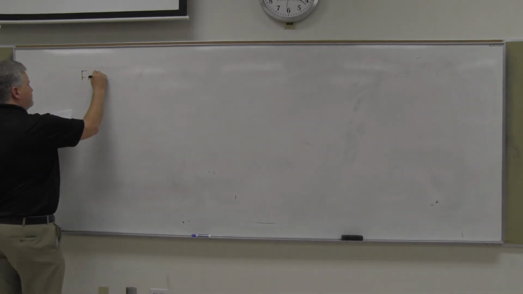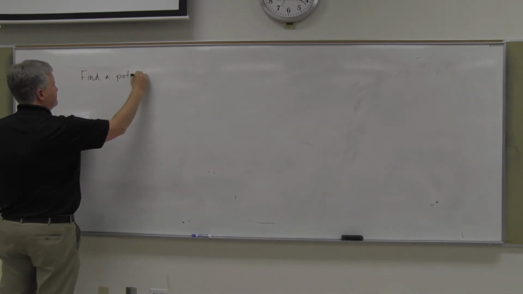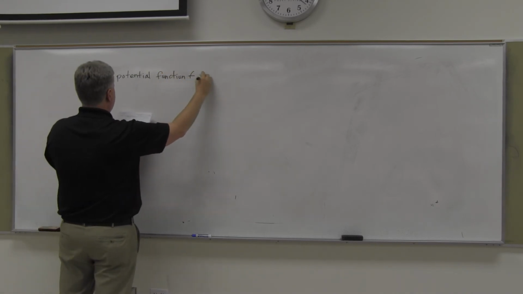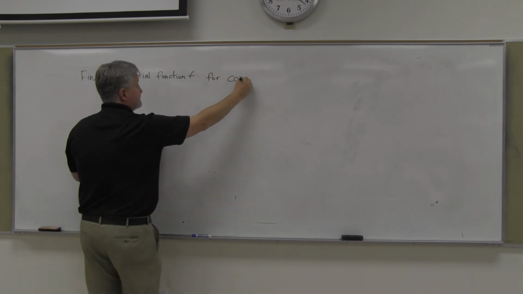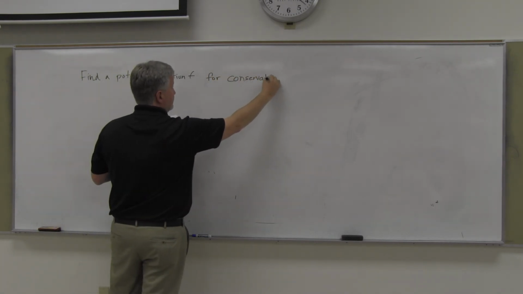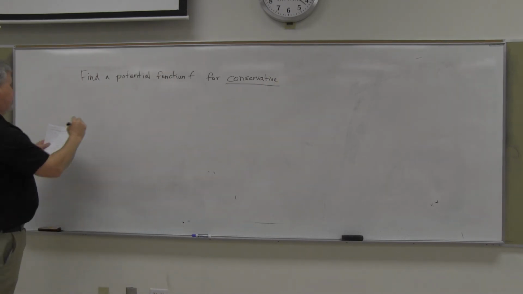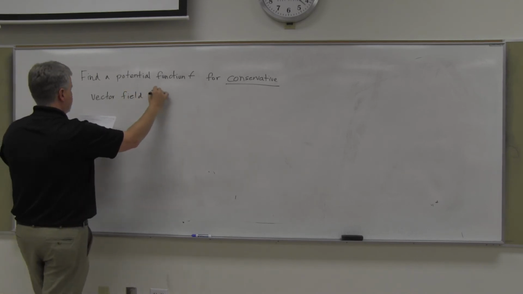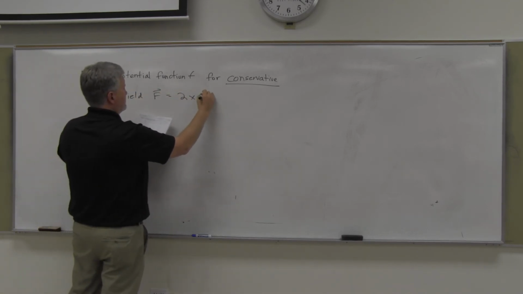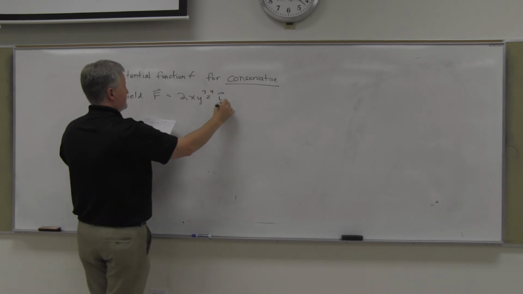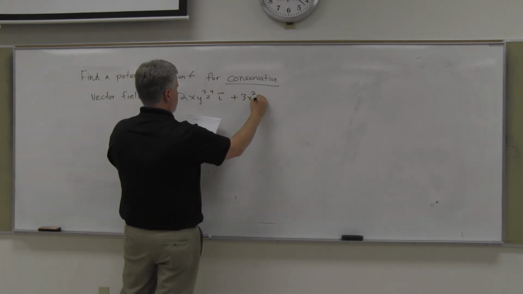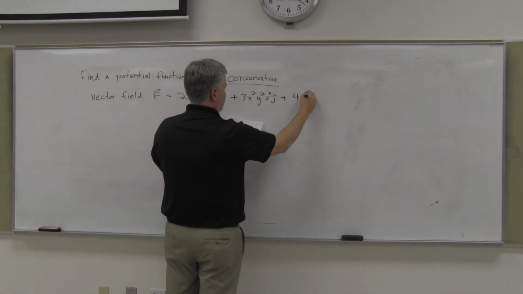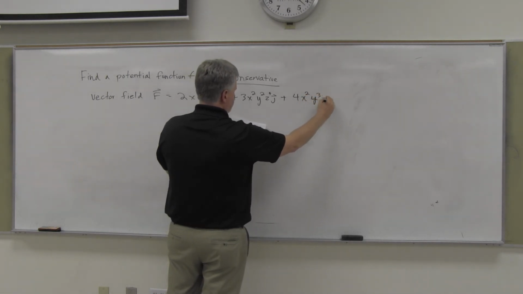Find a potential function f for the conservative vector field F equals 2xy cubed z to the 4th i plus 3x squared y squared z to the 4th j plus 4x squared y cubed z cubed k.